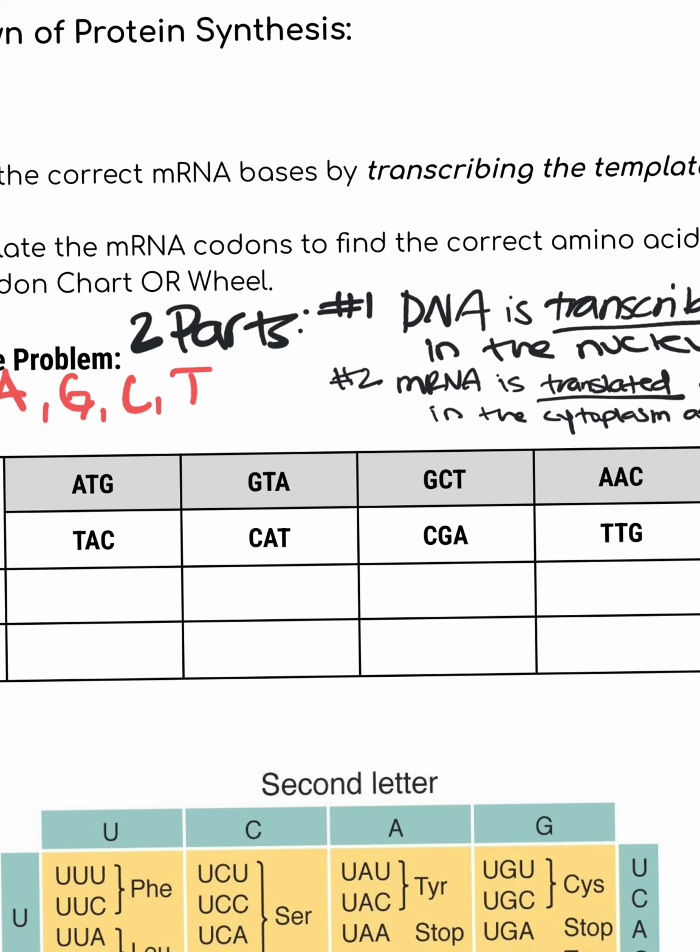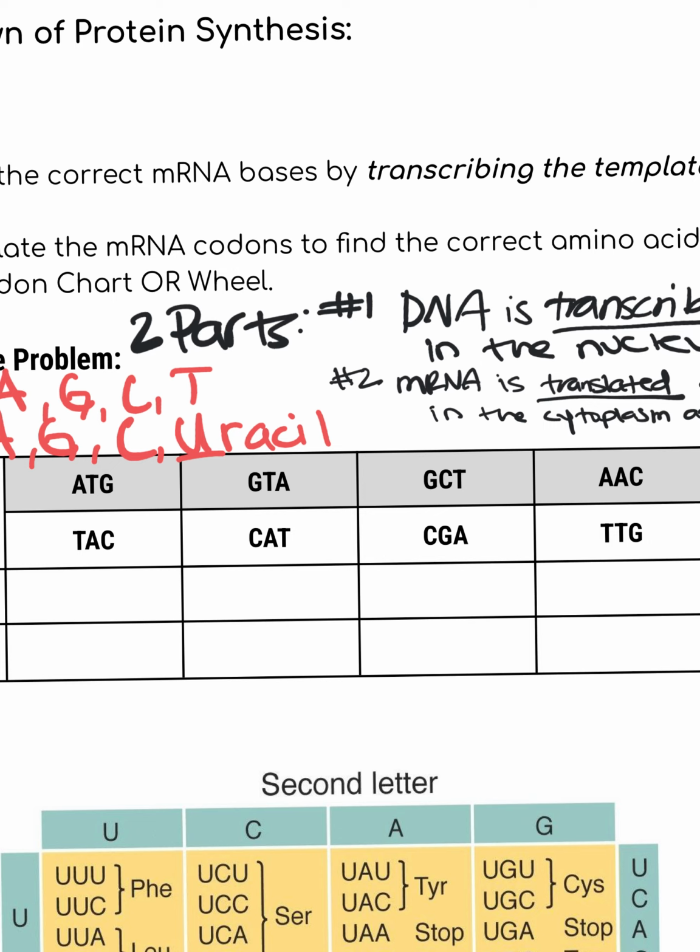C always pairs with G, cars go in the garage. When we switch to RNA, what we learned from our notes is we can still use A, we can still use G, we can still use C, but anytime we would think we would need a T, we are going to have to use a U. That U stands for uracil. Okay, that is our new nucleotide, our new base. This is the one that allows RNA to be able to leave the nucleus.